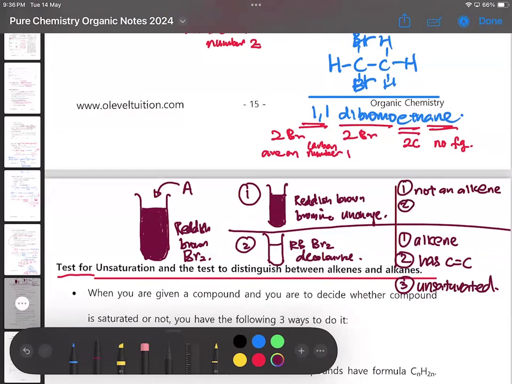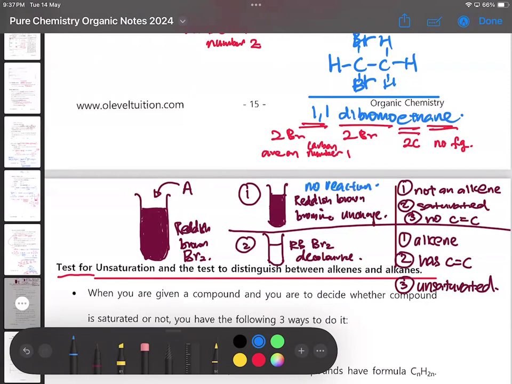Number 2, it is likely to be saturated. And number 3, it has no CC double bond. If your bromine remains reddish brown, that means no reaction. Okay, in this case, it means there's no reaction. No reaction means those 3 conclusions.